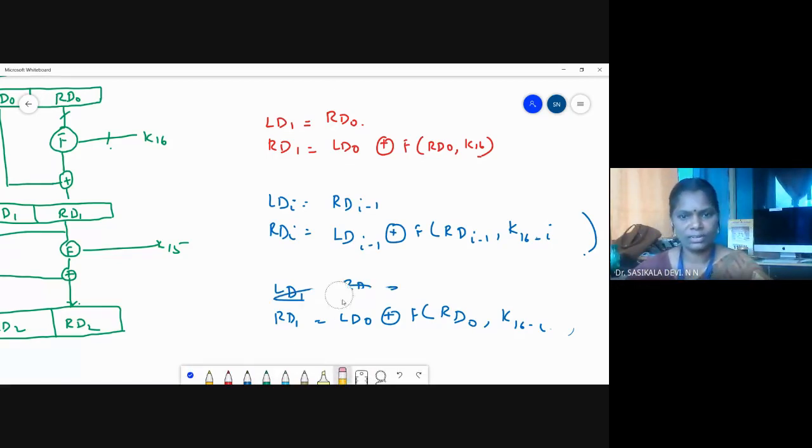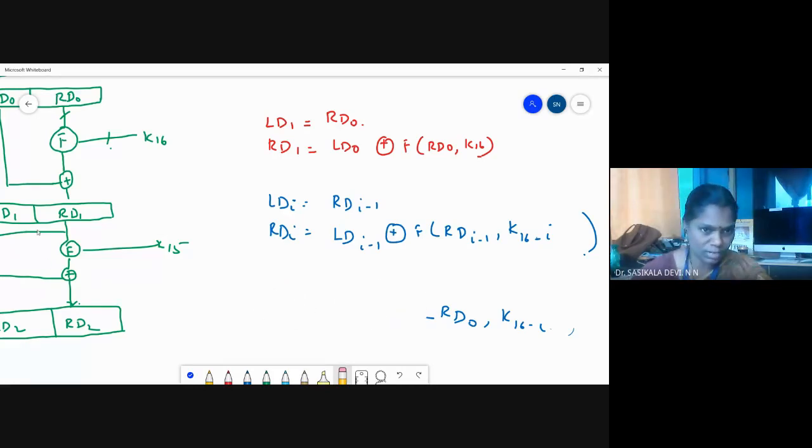Round one I have already written. So I'm trying to recover. I tried to represent this, but I tried to get this answer. Okay, sorry. Let's get into this.